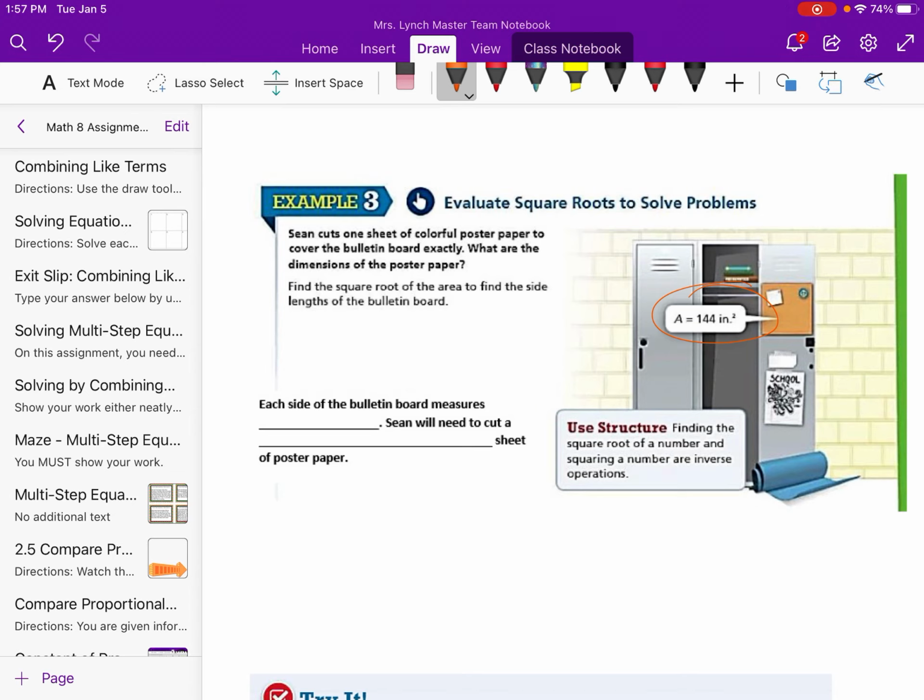So that means, since we're talking about a square, I'm going to write it down here in this blank space. We're talking about the square root of 144. Well, what number times itself gives you 144? We need 2 of them. That would be 12 times 12.